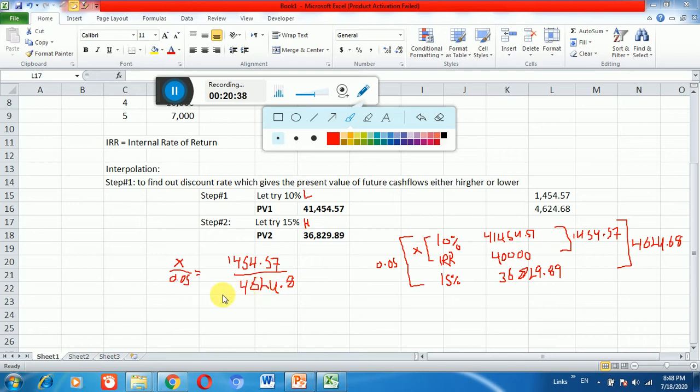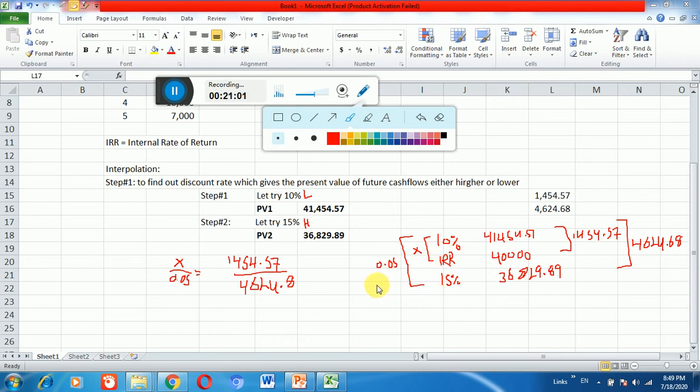From this equation, the ratio of the difference between the discount rates must equal the ratio of the present values computed by those discount rates. This is the logic behind it.